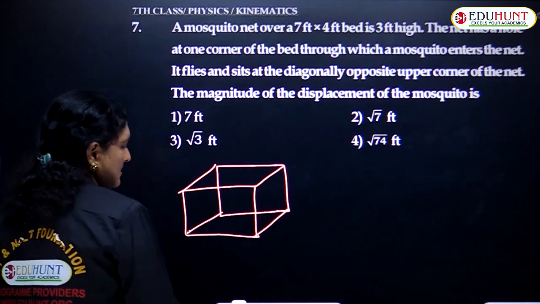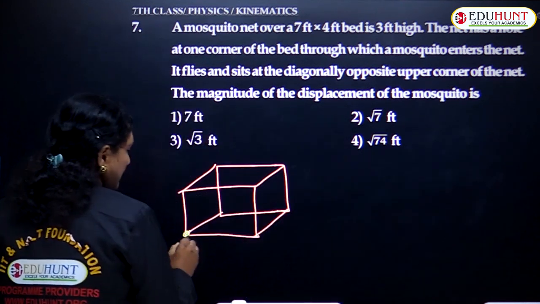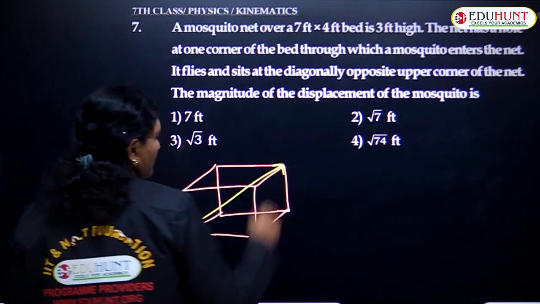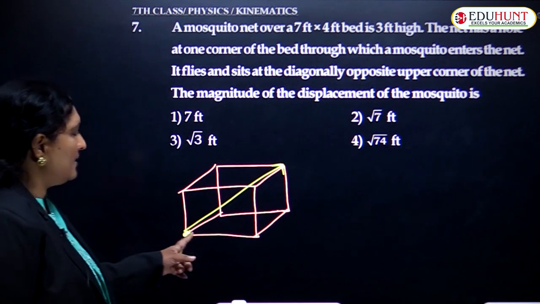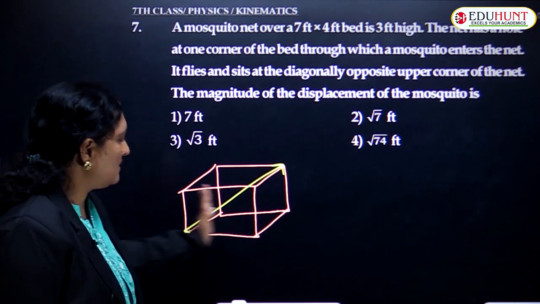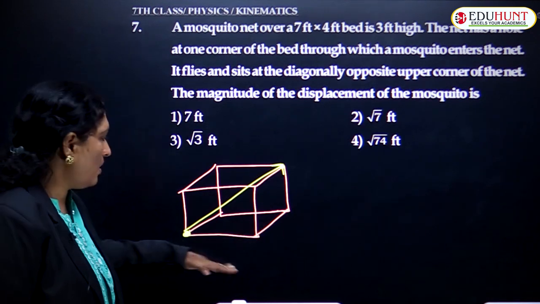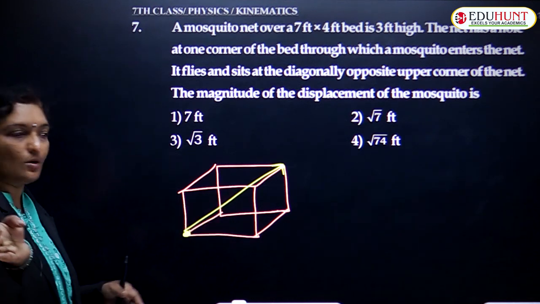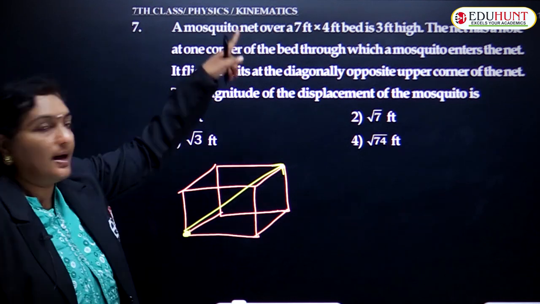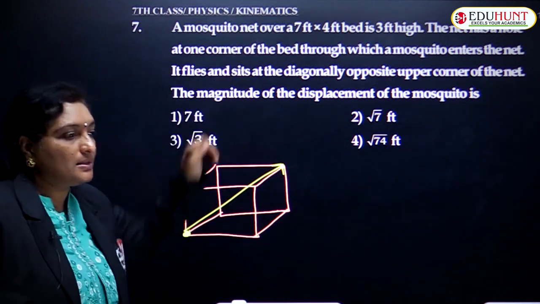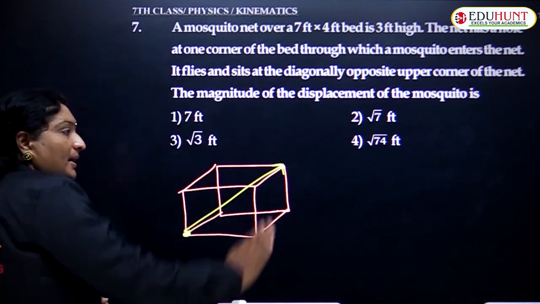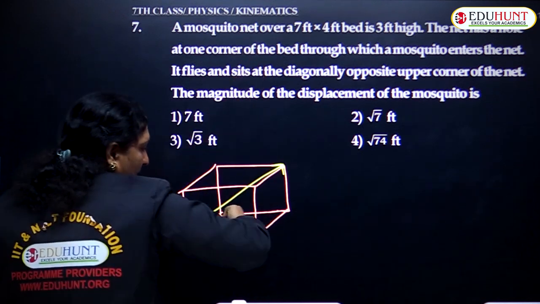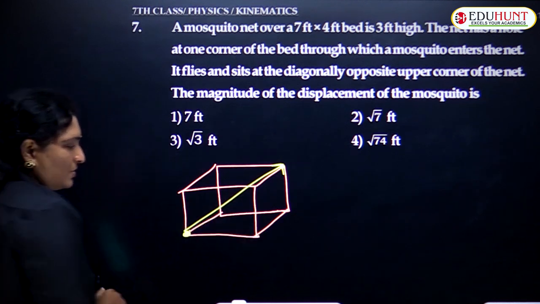So the mosquito has entered inside the net through one hole and reached the other corner, something like this, diagonally opposite. So it's very clear from the picture it has covered length, it also covered that other side breadth, because when it started at one corner, it entered to the other corner. So from here to here means it covered the length, it covered the breadth as well as height. It covers the length portion, breadth portion as well as height portion.